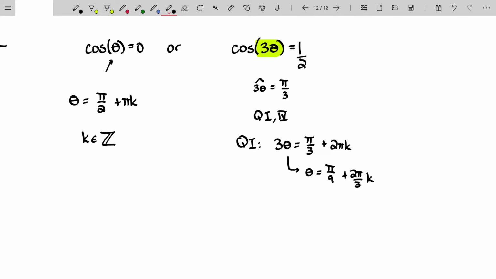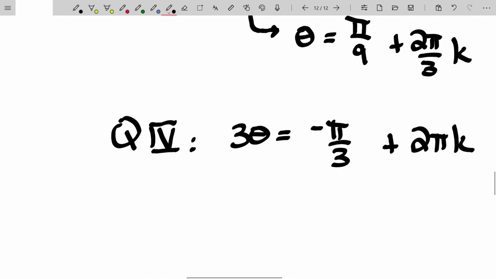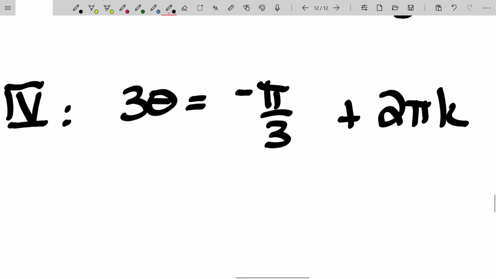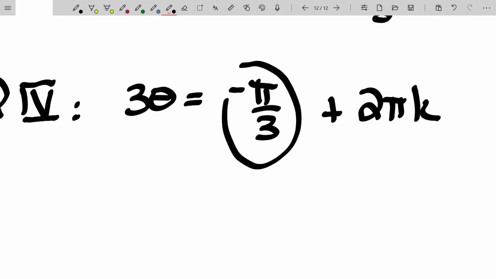And then the quadrant 4 solution. If you're not using an online homework system, it is totally fair for you to say that if you're in quadrant 4 with the reference angle of pi over 3, your actual angle is negative pi over 3 plus 2 pi k. But in online homework systems, they often want your initial angle there, that negative pi over 3, to be between 0 and 2 pi.